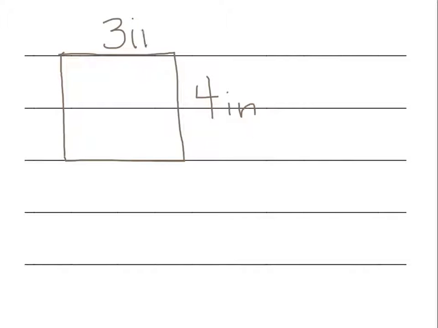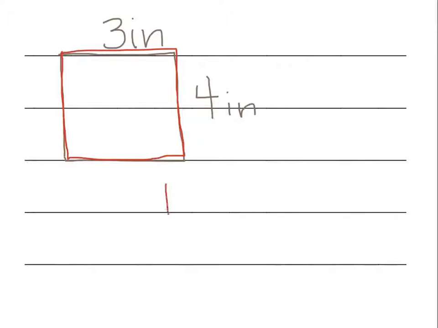So before we actually get into area, let's do a quick review of perimeter. Perimeter is the measurement around the outside of a shape. So if this was, we'll say 4 inches, and this was 3 inches, and we were measuring the perimeter, we would say 3 plus 4 is 7, plus 3 is 10, plus 4 is 14.